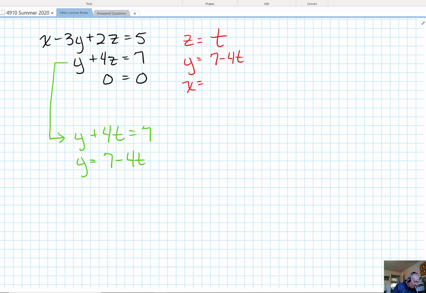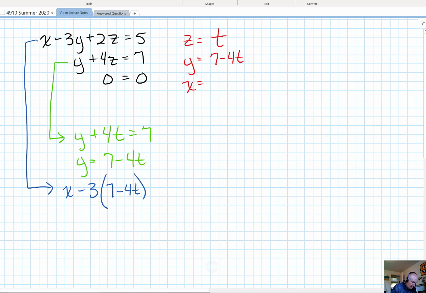And then we substitute back into there to figure out what x is going to have to be, right? So x minus 3, now notice what I'm putting in for y. I got to put in the 7 minus 4t plus 2z, 2t. And now I got to do a little math, do a little algebra, simplify. So x, we're going to get crazy here.